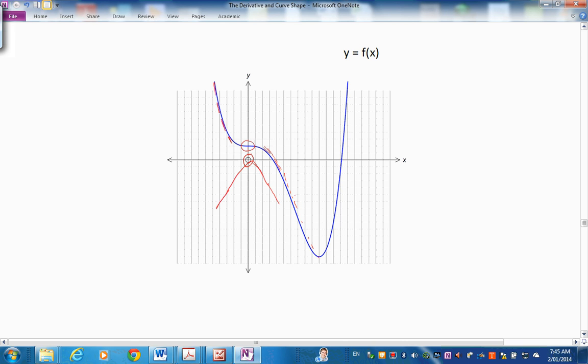Where's the most negative they get? Somewhere there at the point of inflection. Still negative, but then, hey, this tangent there would be 0. So I've got to be back up here at that point. So I'm going to go like that, and then they keep going positively. Okay, so that's the graph of the first derivative there.